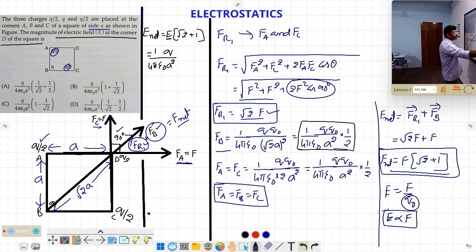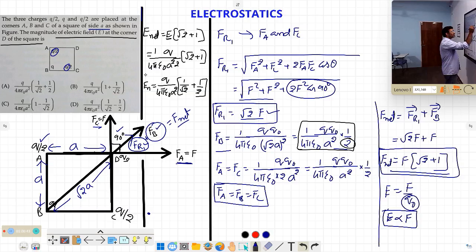By 2 is also there, that means 1 by 2, so I am taking it as by 2 into root 2 plus 1. Making the 2 go inside, the net electric field intensity is q by 4 pi epsilon naught a square into, if you make the root inside, root 2 by 2, nothing but 1 by root 2 plus 1 by 2.